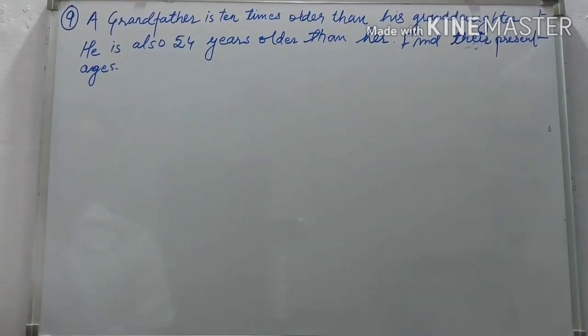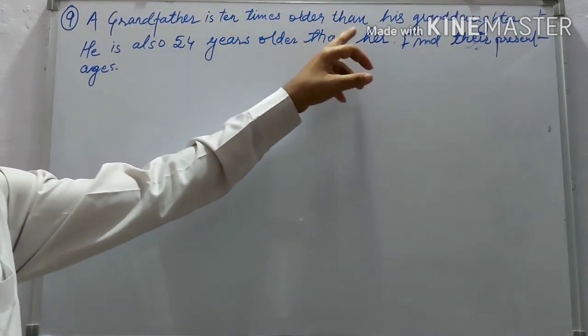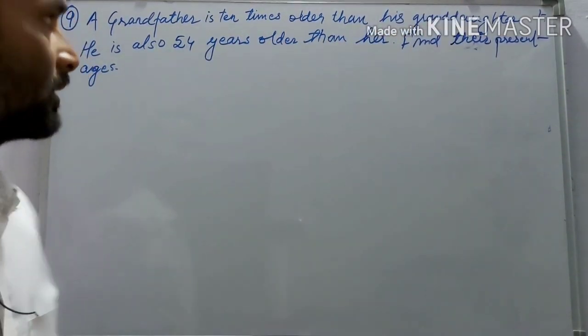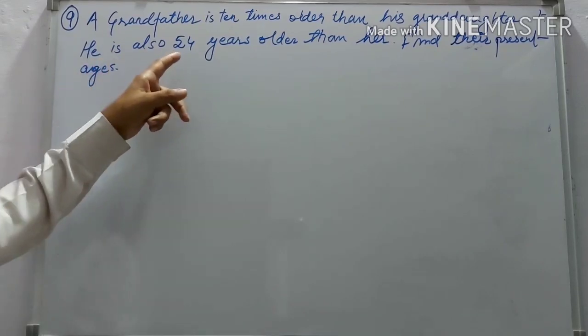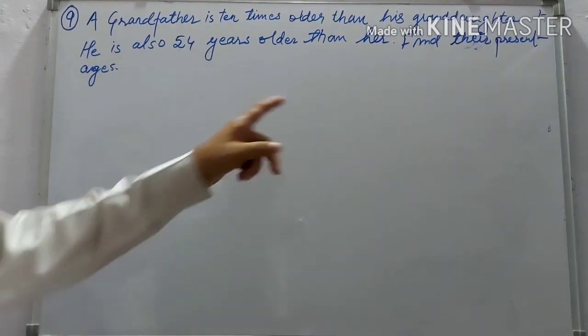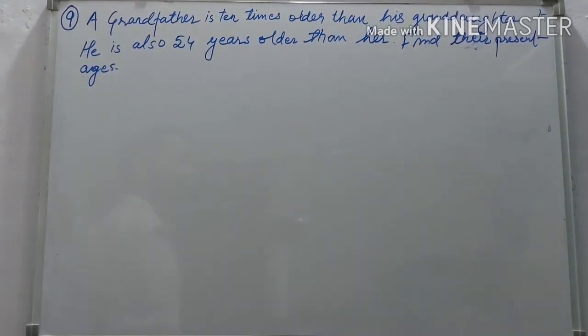Question number 9. A grandfather is 10 times as old as his granddaughter. He is also 54 years older than her. Find the age of both. Okay, so the grandfather is 10 times older, and the granddaughter is small.